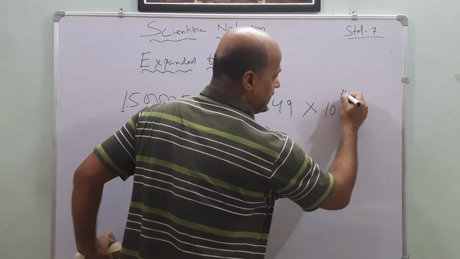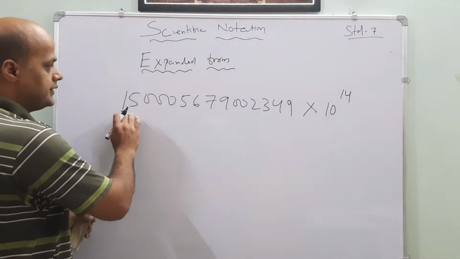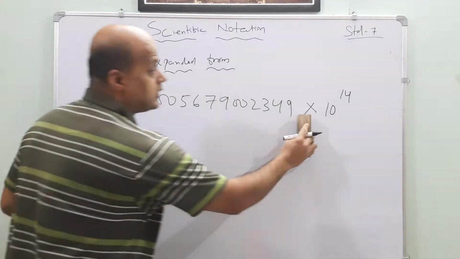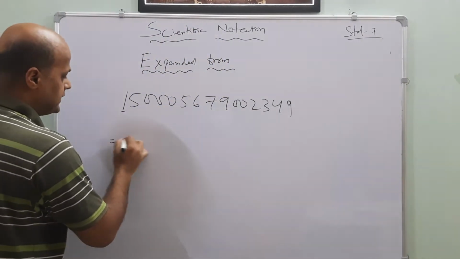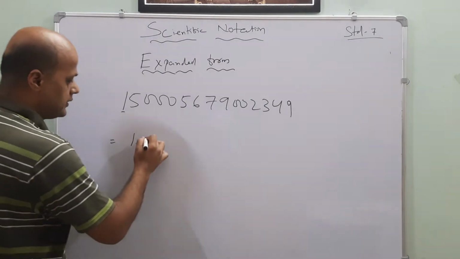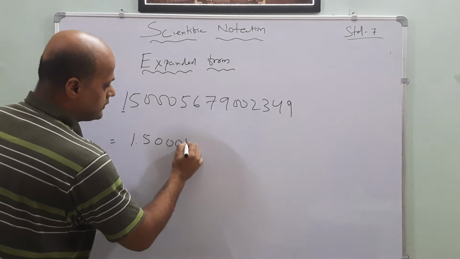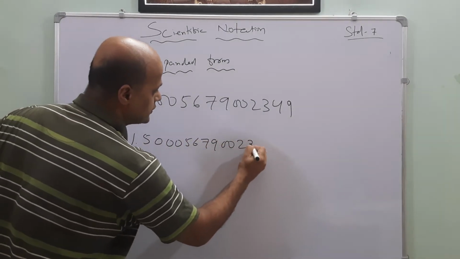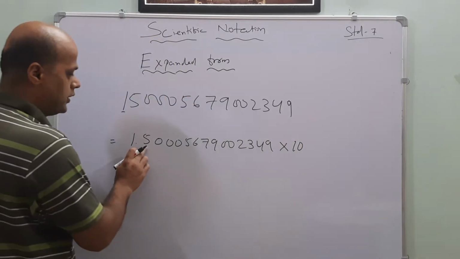So the expanded form of this we can write in a different row. What is that? It is 1.50030567900234 into 10 to the power of, how many digits are there?